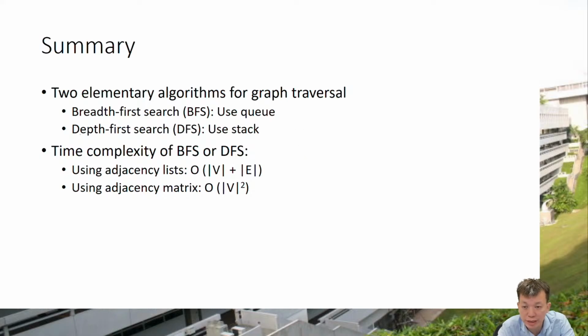Here we only use breadth first search and depth first search, but basically you can already do a lot of things. In the next stage, in 2101, they will cover Dijkstra's algorithm and Prim's algorithm. And there are a lot more.